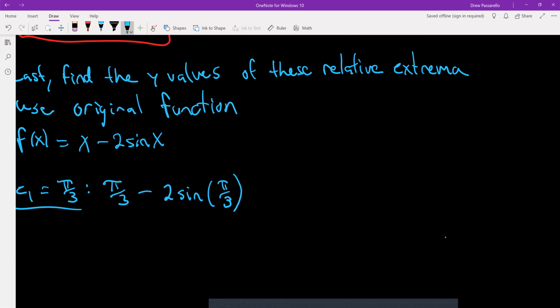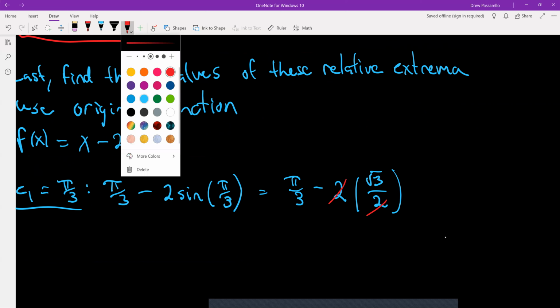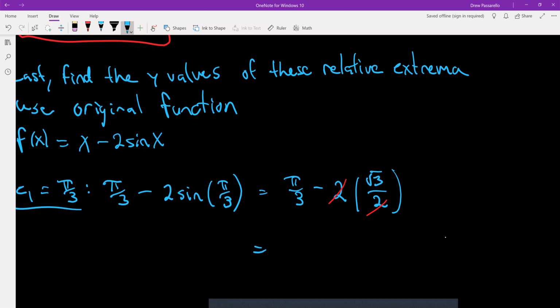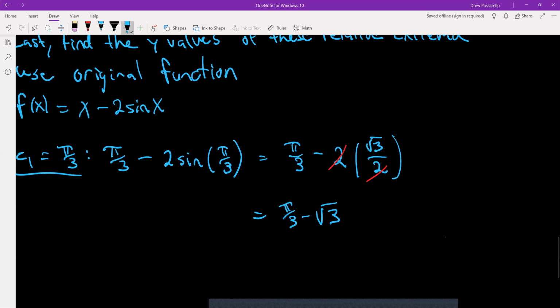So this is going to equal pi over 3 minus 2 times the square root of 3 over 2. And then you can divide out the 2's. So it'd be pi over 3 minus square root of 3. All right, and this is the y value.